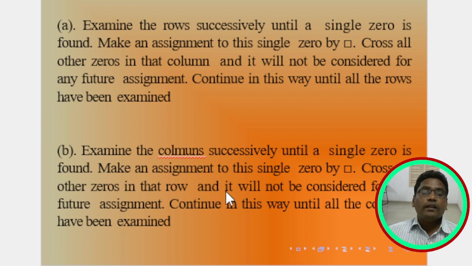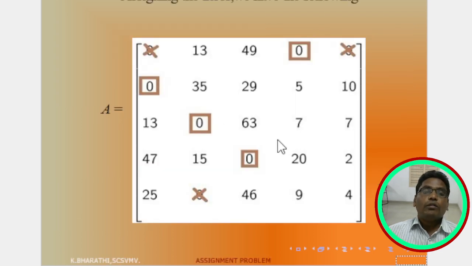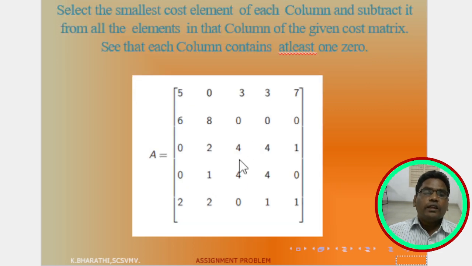For making the assignments, you must observe that all the rows and columns have at least a single zero. So in this payoff matrix, there is at least a single zero in each row and each column.